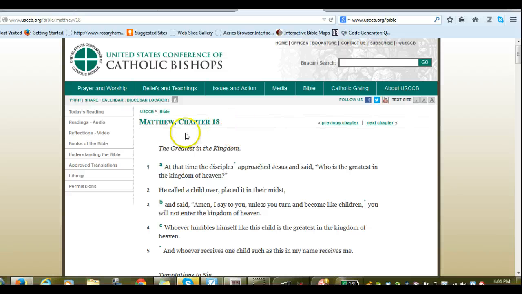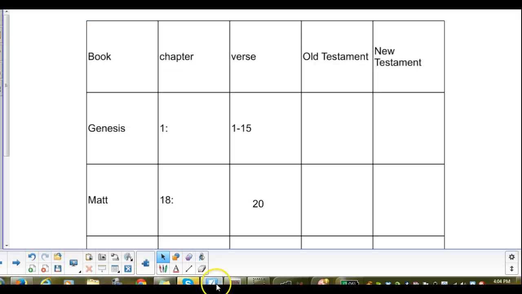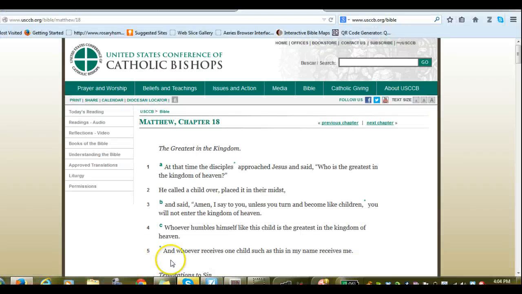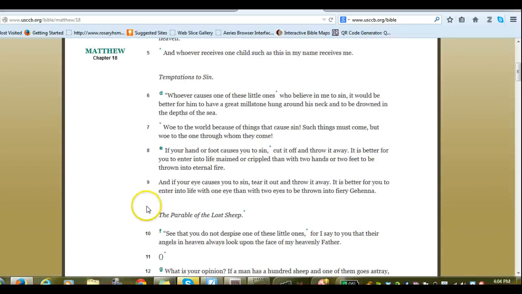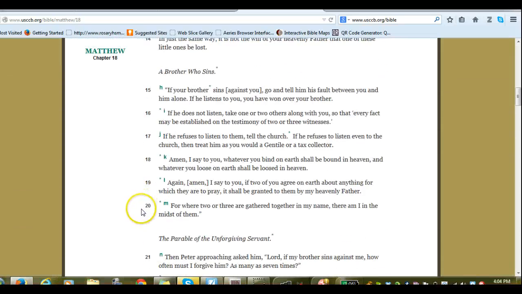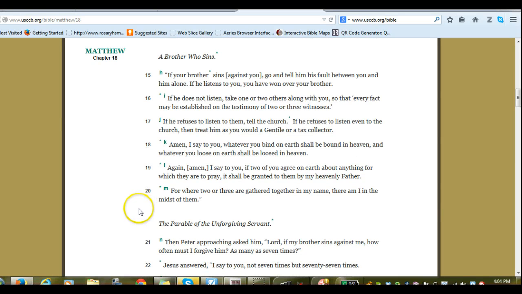Chapter 18. Then I need verse 20. So let's go back, and I'm going to go down. Here's verse 1, 2, 3, all the way down to verse 20. For where 2 or 3 are gathered together in my name, there I am in the midst of them.